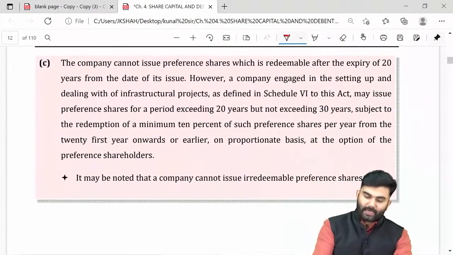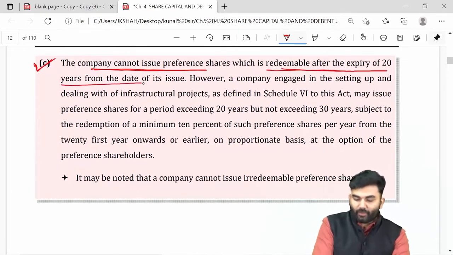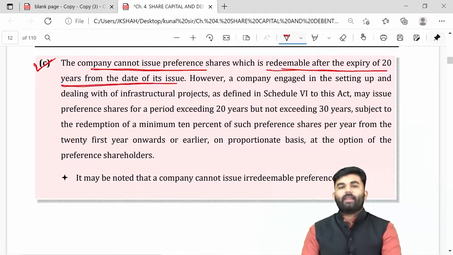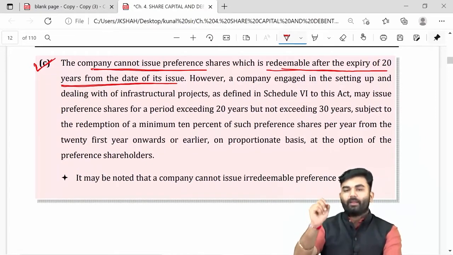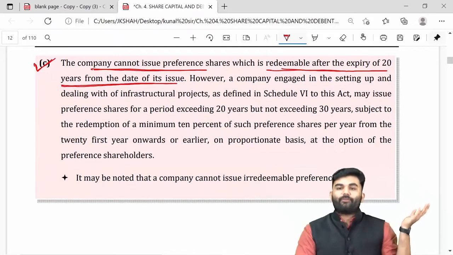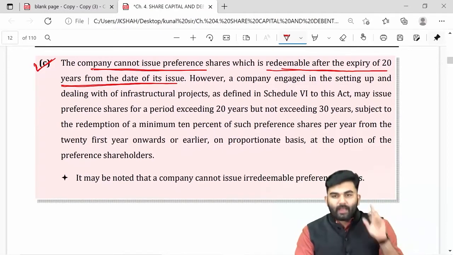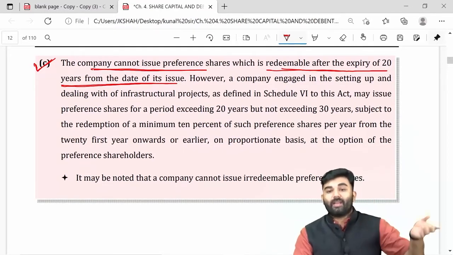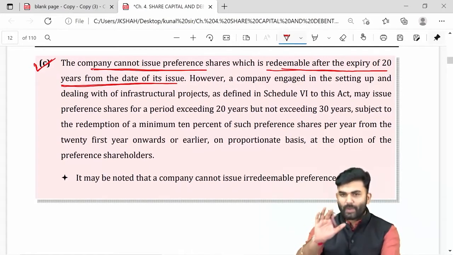The lawmaker says that a company is not allowed to issue a preference share which is going to be redeemed after the expiry of 20 years from the date of issue. The maximum period for redemption is the 20th year. Can a company issue a preference share which is going to be redeemed after 20 years? No. Can a company issue a preference share which is going to be redeemed within 20 years? The answer is yes. But wait.